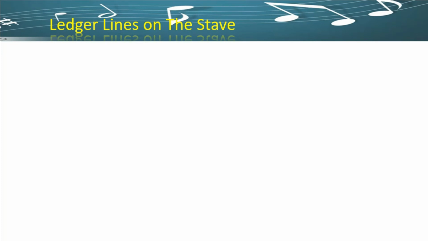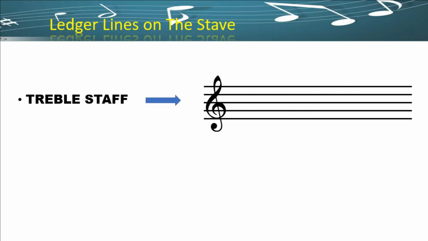Now let's look into how the ledger lines appear. How do we see them on the staff? First, let's look at the treble staff. On the treble staff, we know already that the 5 lines are named Every Good Boy Deserves Favor, and for the spaces, we have FACE. That is just a simple mnemonic to enable us to know the names of the lines and spaces.